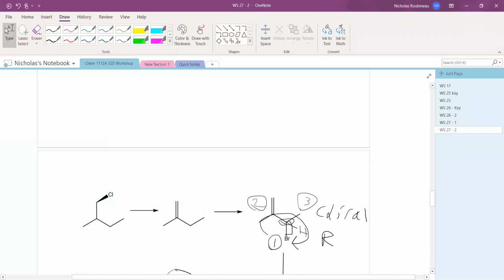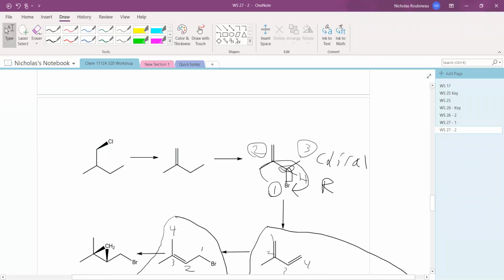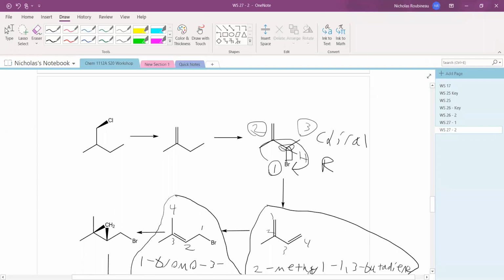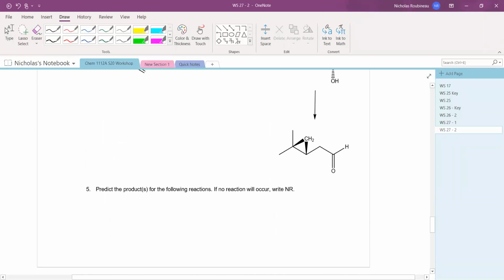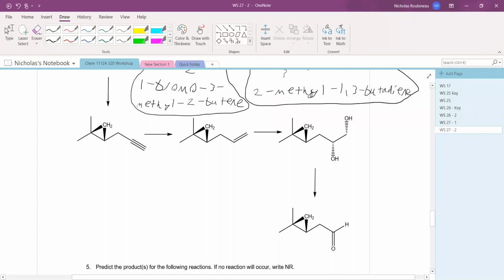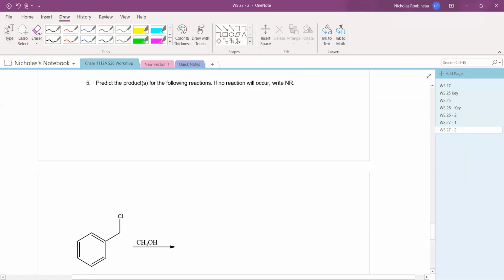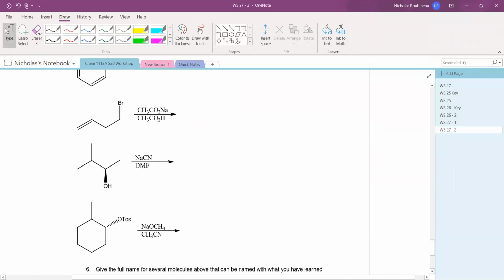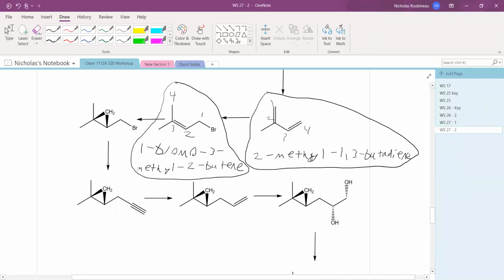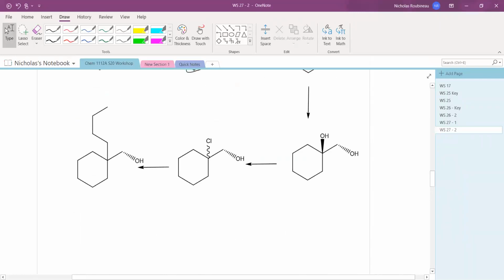Just like with the naming, you can look at any random structure and determine if it's chiral and then determine if it's R or S if you want to practice. And last, I'm sure there's at least one double bond here we can look at stereochemistry for.